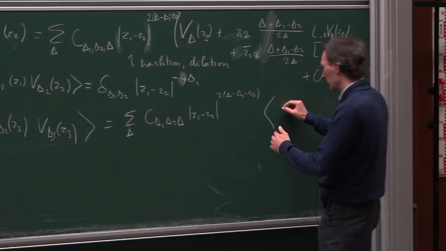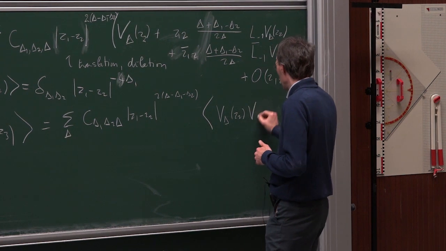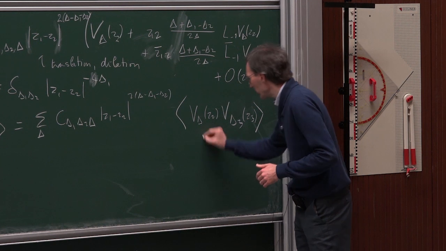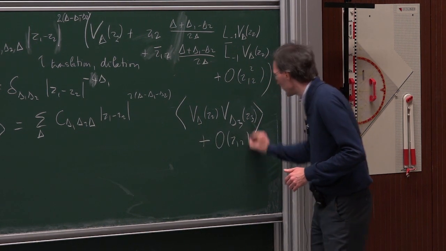So I reduce my 3-point function to a 2-point function of V delta of z2 with V delta 3 of z3, plus corrections. These are of order z1,2 corrections.